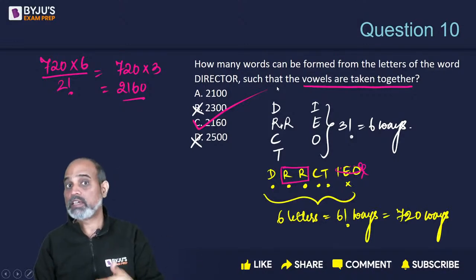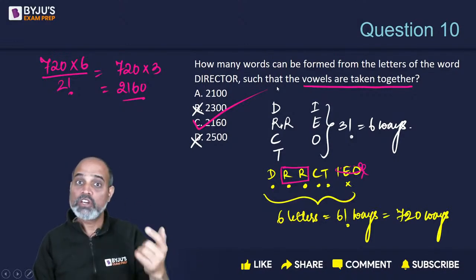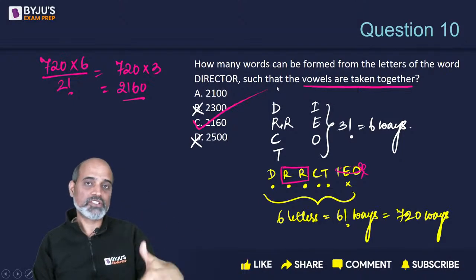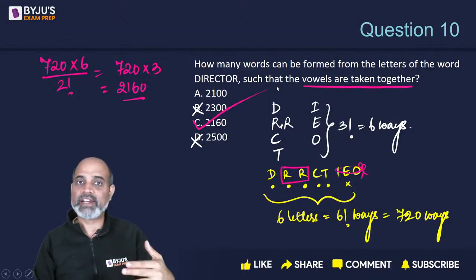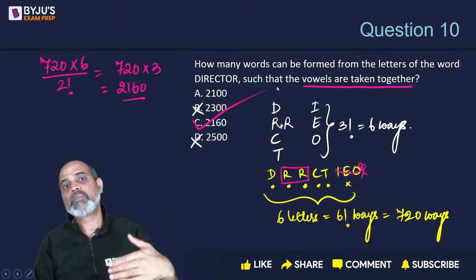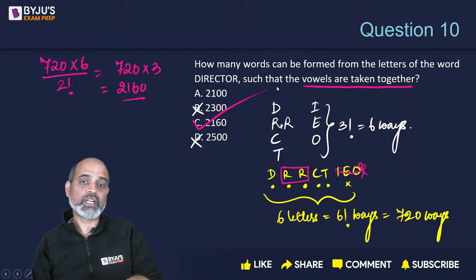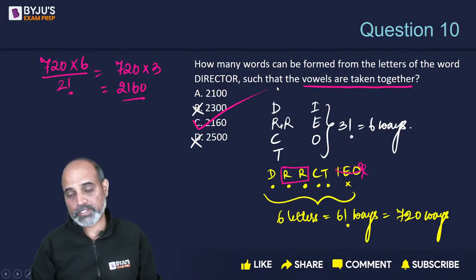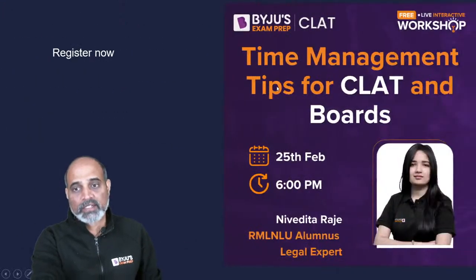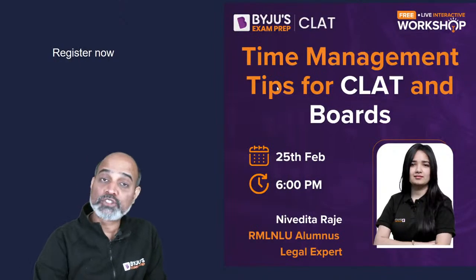That's your answer. In case there is any repetition, make that change at the end by dividing the number of words you get by the factorial of the number of repetitions of a letter. So R is 2 times, so we will write 2 factorial and divide. Okay, so that's all for today.